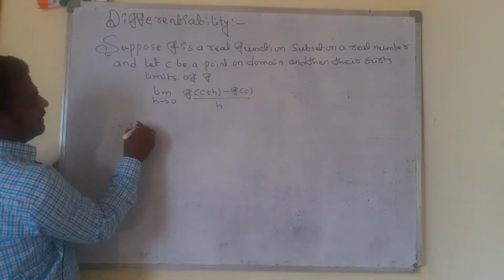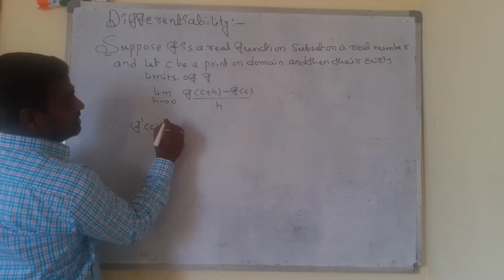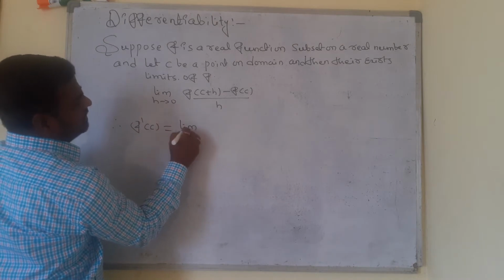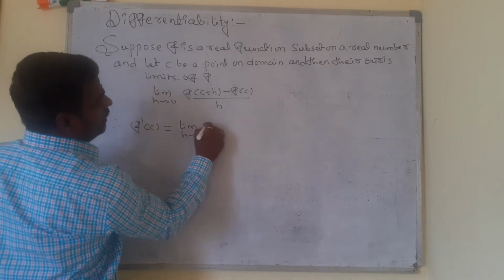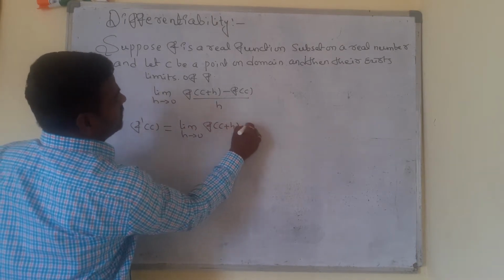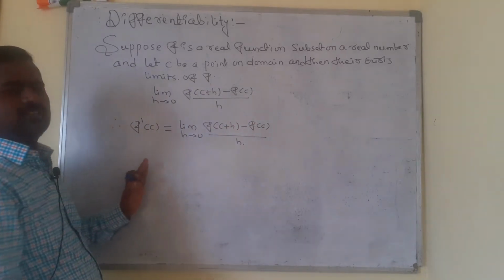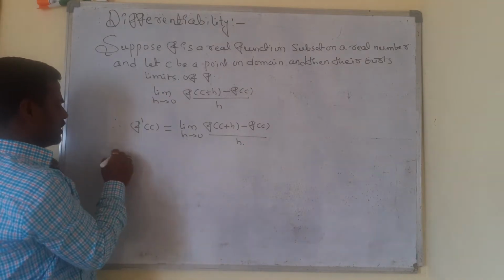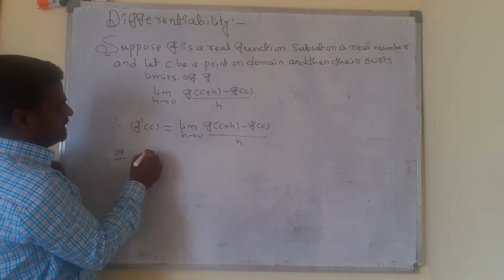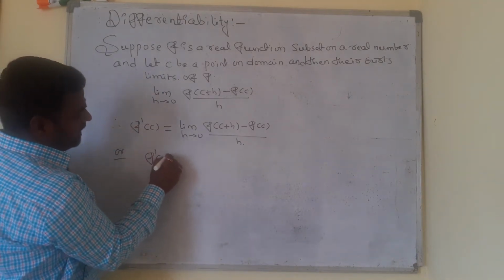Hence f dash of c is equal to the limit as h tends to 0 of f of c plus h minus f of c divided by h. Or you can express it for the function f of x, f dash of x.